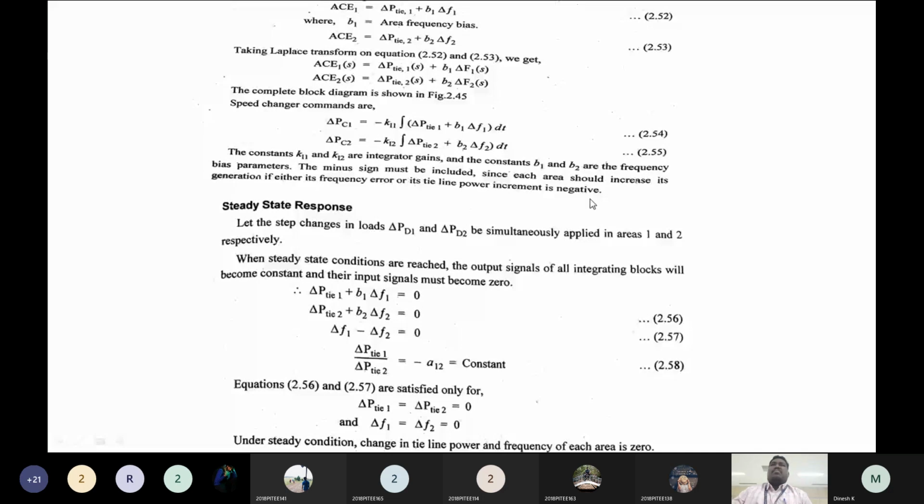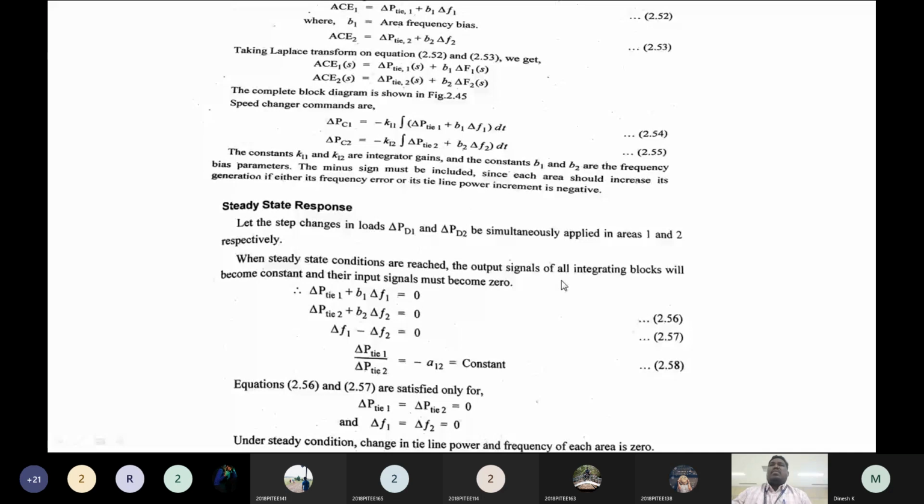Next is the steady state response. Step changes in loads, del PD1 and del PD2, are simultaneously applied in areas 1 and 2 respectively. When we apply the steady state conditions, the input signals must be 0. So del P tie 1 plus B1 del F1 equals 0. Likewise, del P tie 2 plus B2 del F2 is 0.